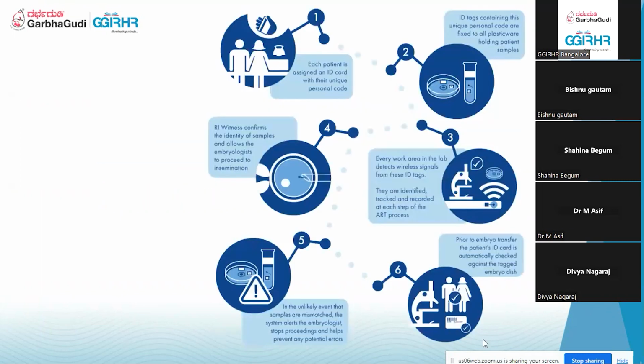Now let us see what is happening in the RI Witness system. First, each patient is assigned an ID when the patient walks in. This is an overall view I'm giving you. After step 2, that ID number will be assigned to the dish as well as the tube where we are dealing with the embryos or the sperm.